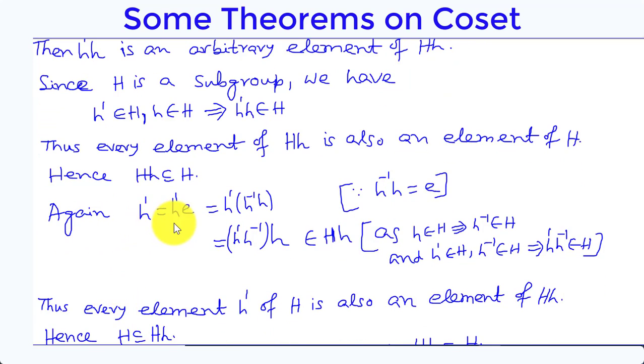Again, h' is equal to h'e is equal to h'h inverse h, since h inverse h is equal to the identity element of the group. This is equal to h'h inverse h by associativity. This belongs to right coset Hh.